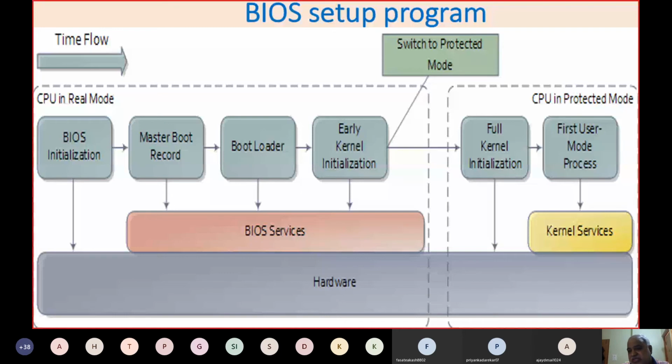Once this user process starts, the user can start any number of applications. Once you get the desktop, you know how to start the rest of the processes or the rest of the services.